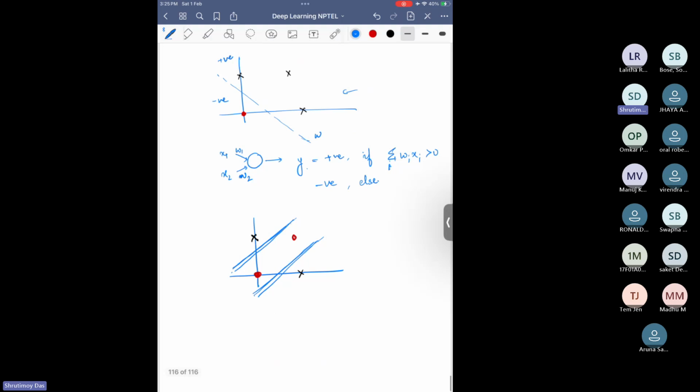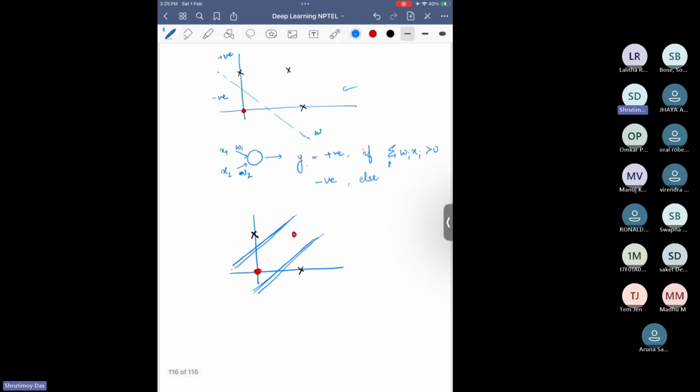Suppose this is the part where the output is negative, and this is the part where the output is positive. I'm representing red by negative and black by positive.